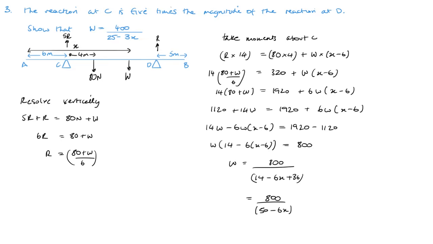Now we can take out a factor of 2, so 800 over 2, and that's 50, sorry, not 50, that'll be 25 minus 3x, and cancel the 2 with that to leave 400, and there we have our answer. So therefore W equals 400 over 25 minus 3x, which is what we were looking for.